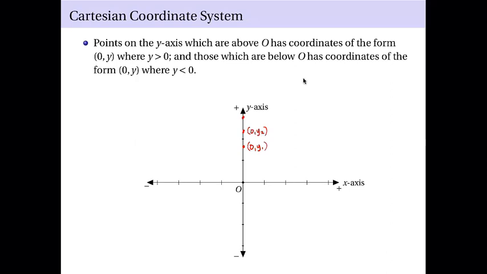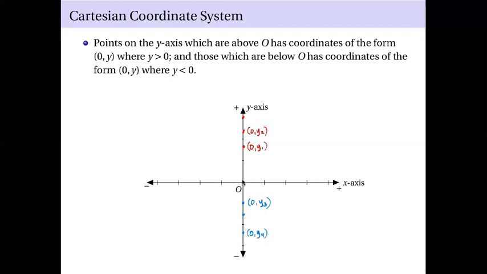And those points below the origin, below that O, say this point here or this point here, if we label this as 0, comma y3, and here 0, comma y4, then y3 and y4 are both negative.